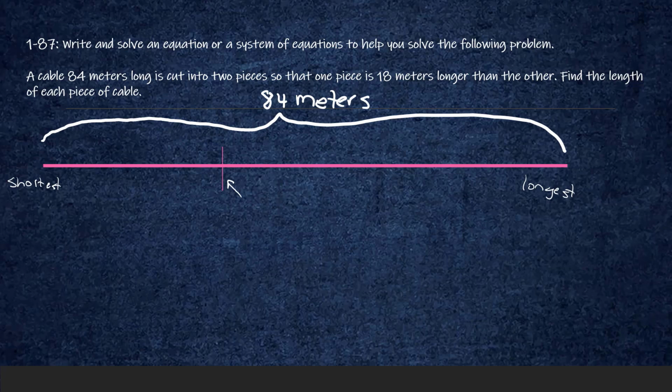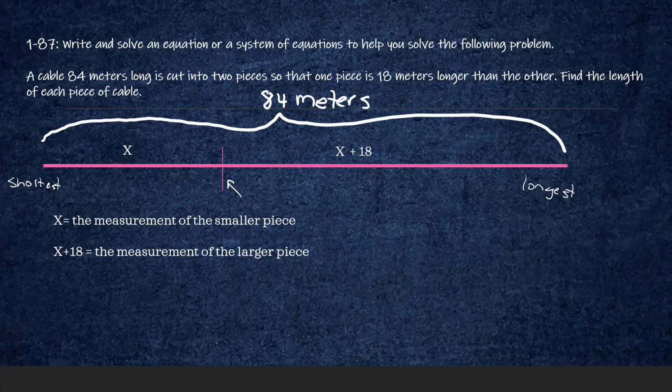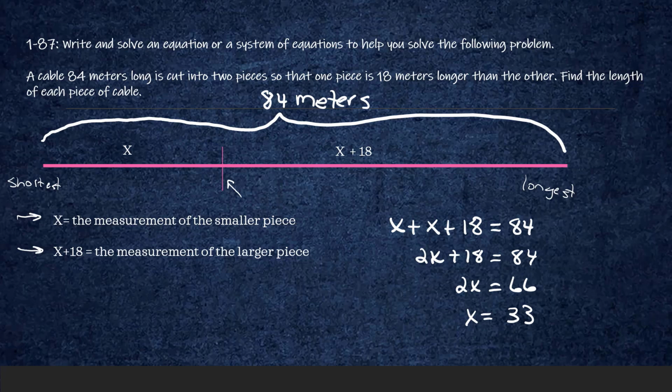Now, I have to define what both situations are. So x is my smaller piece: x equals the measurement of the smaller piece, and x plus 18 equals the measurement of the larger piece. Well, now I just need to combine them and create an algebraic equation. So I'm going to do x plus x plus 18 equals 84 and solve for x, which you see happening right here.